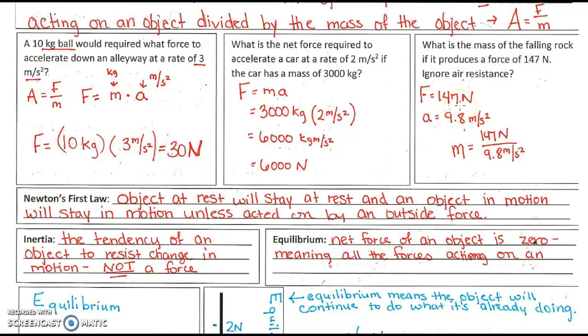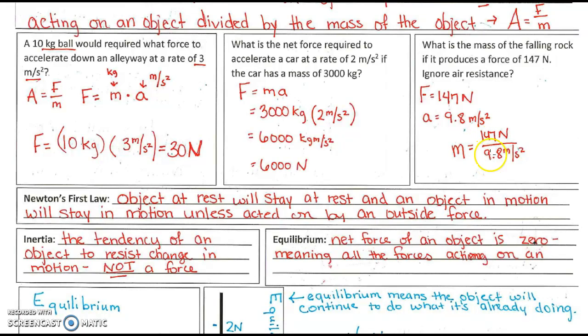In this problem, we're solving for mass. What is the mass of the falling rock if it produces a force of 147 newtons? Ignore air resistance. And so the force applied from the rock is 147 newtons. The rock is falling, and so we use the acceleration due to gravity, which is 9.8 meters per second squared. If we were to rewrite the equation, we would find mass is equal to the force divided by acceleration.